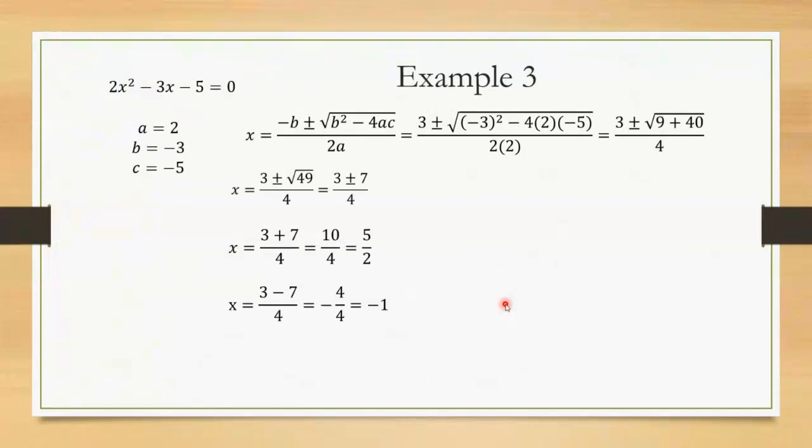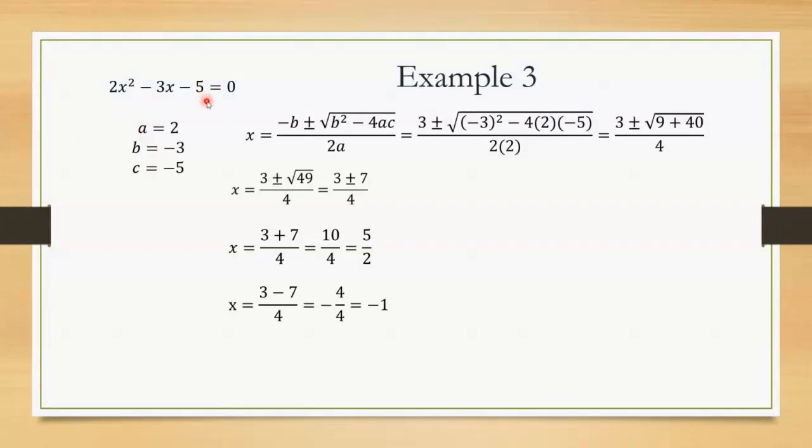Okay, so here's another one that we want to do by the quadratic formula. And again, this one's okay because it's already in standard form. Okay, so let's take a to be 2. That's the leading coefficient. B is -3. C is -5.